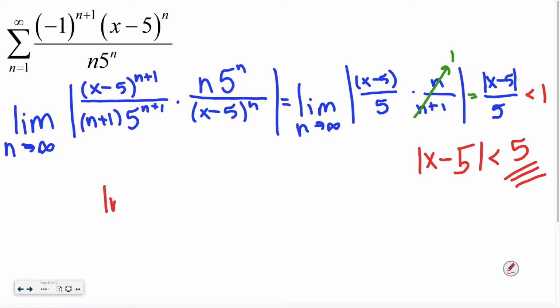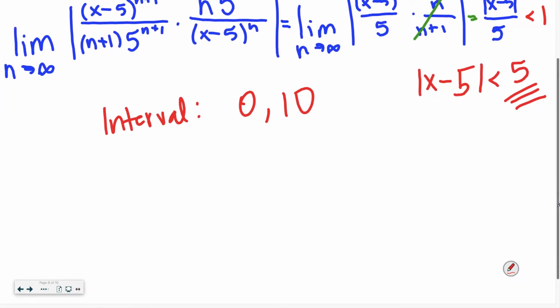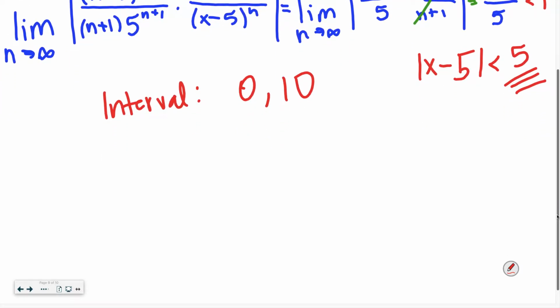So our interval is going to go from 0 to 10, but we have to check the endpoints. So let's first check if x is 0.